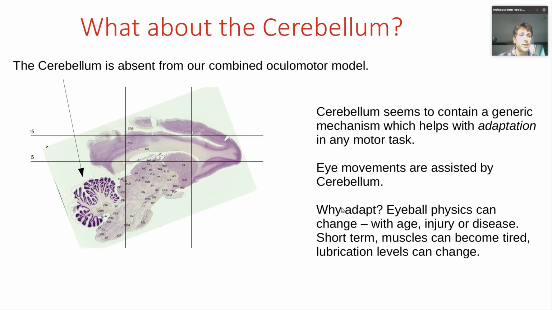Your eye muscles could simply become tired, and so the innervation that's required to get them to move may change over a relatively short time period. So that's a good argument for why you have this kind of specialized adaptation device, which we call the cerebellum.